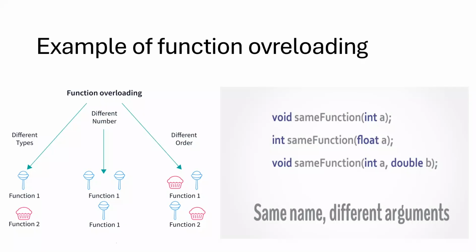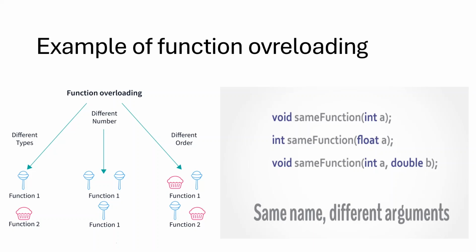This is an example of function overloading. We are using void same function with parameter integer a. Next, void same function with float a. Next, void same function with integer a comma double b.